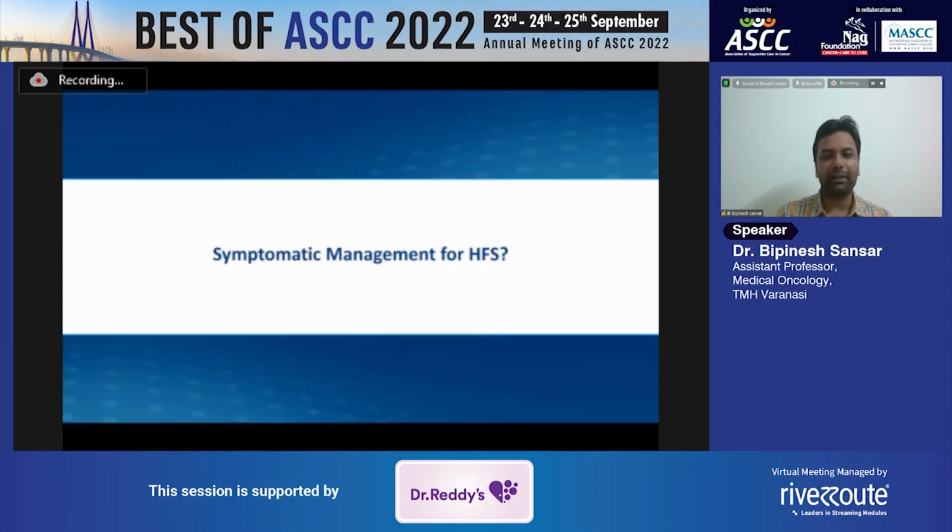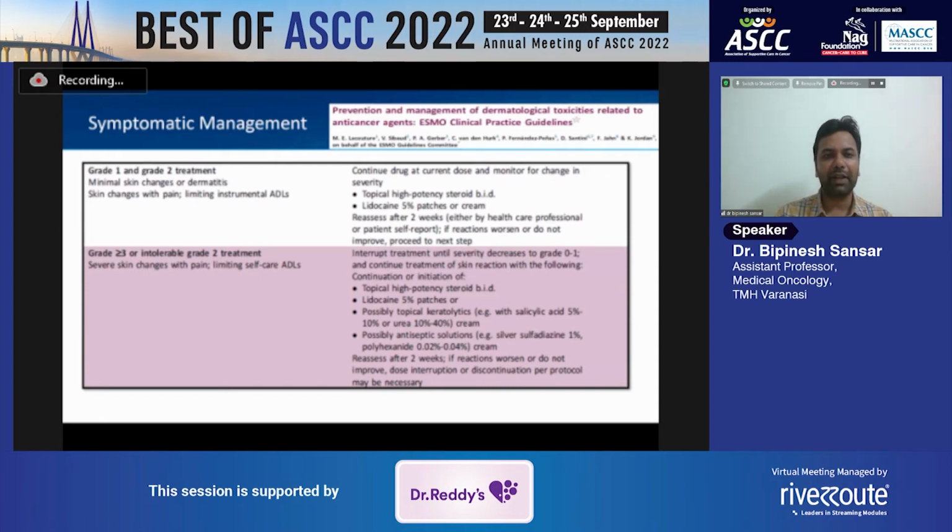And when the patient already has some HFS, what is the management? For grade 1, usually routine care and skin emollients can handle it. But for intolerable grade 2 and grade 3, use of topical high potency steroid ointments or local anesthesia in the form of lidocaine patches, along with urea creams, can be utilized.